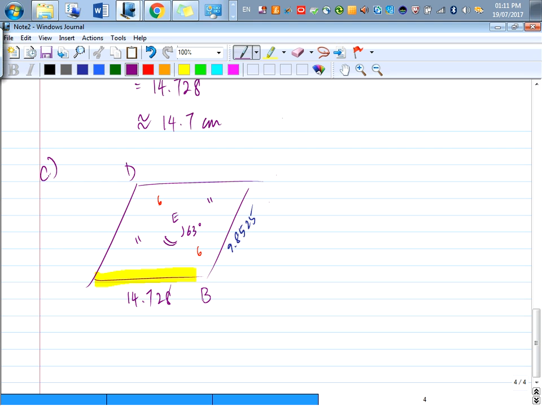Okay, so part C now. Angle ABC is over here. How do I find this angle?